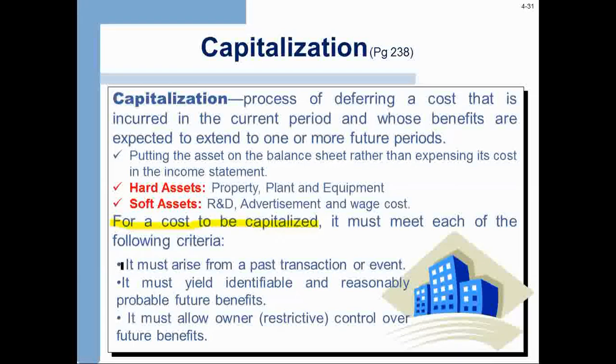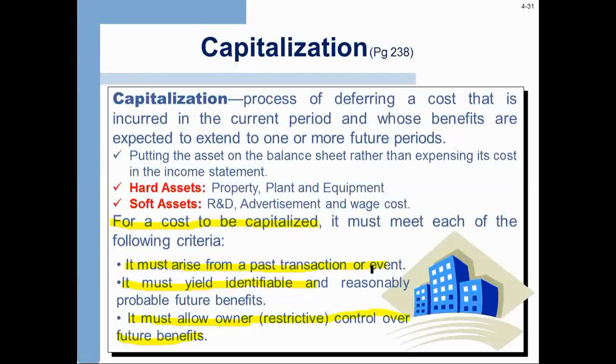The first is, it must arise from a past transaction or event. It must yield identifiable and reasonably probable future benefits. We need to know what benefits we are going to get from this asset, and it must allow the owner control over future benefits.